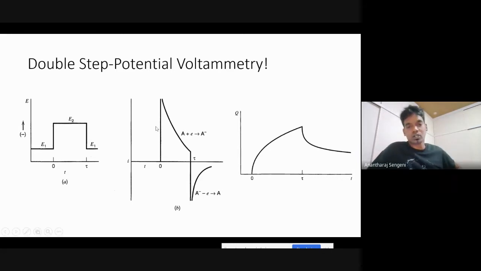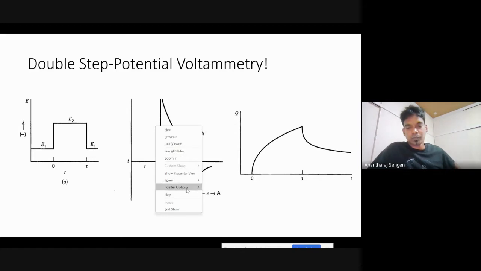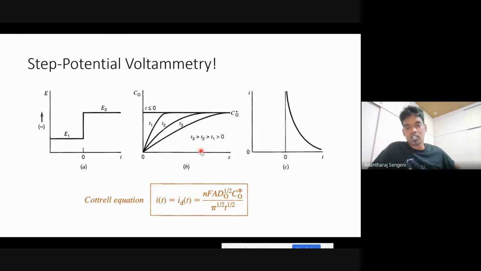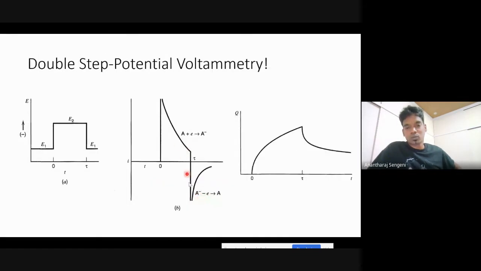But in the case of diffusion controlled reaction, such as this one, you will see this declining, which is in accordance with the Cottrell equation. And when you step down the potential again, where the oxidation of the reduced product occurs, you will see a similar declining in the oxidation current. So just by quantifying the charge which is passed in the reduction and the oxidation process, if you keep the time the same for the step up potential and the step down potential, you can actually find out whether your reaction is reversible, irreversible or quasi-reversible.